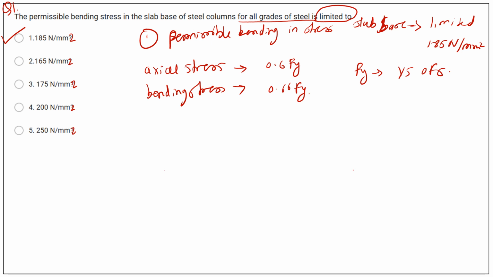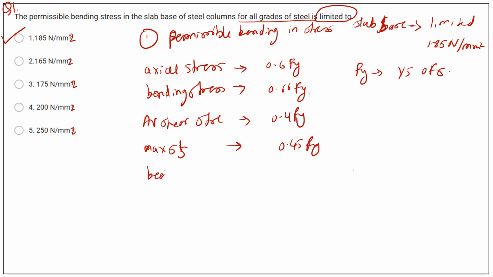Then next is average shear stress. Value is 0.4 Fy. Next one is maximum shear stress. Value is 0.45 Fy. Then the last one is bearing stress, and the permissible value is 0.75 Fy. Okay, so these are the remaining terms related to the permissible stresses, and for the slab base, the value is 185 Newton per mm square.